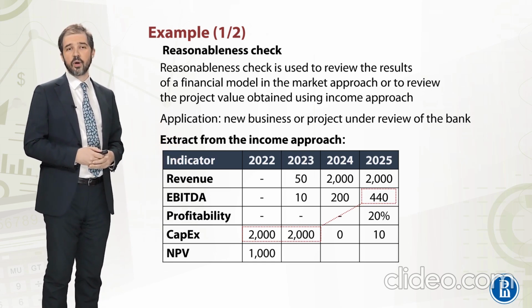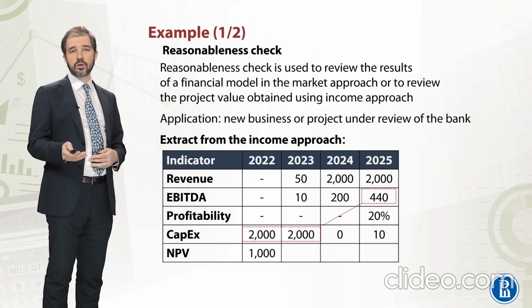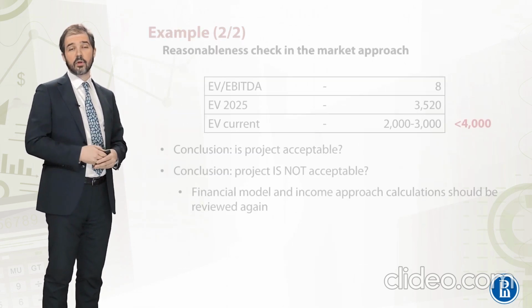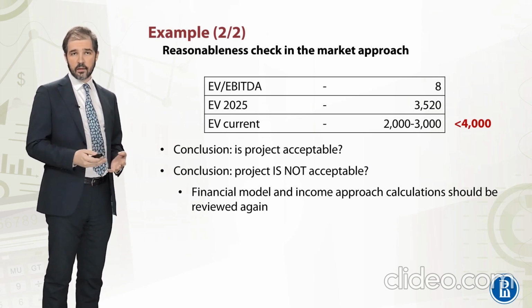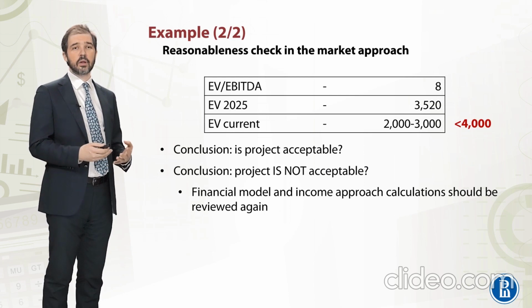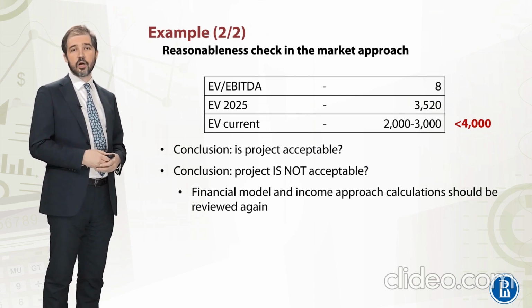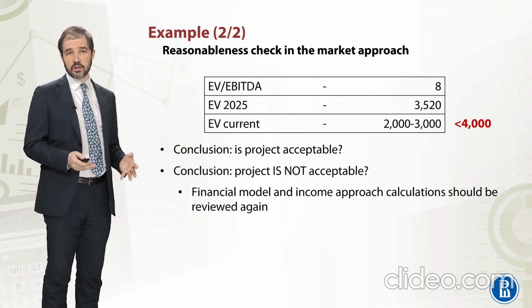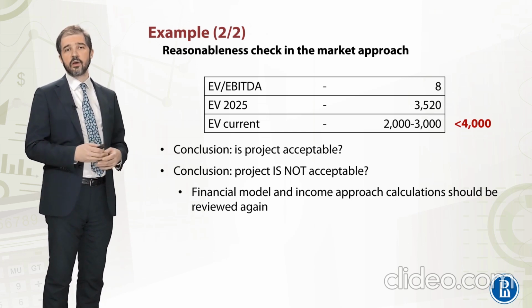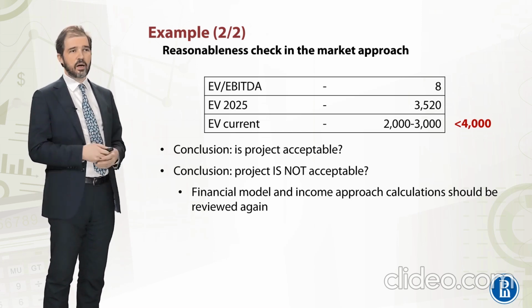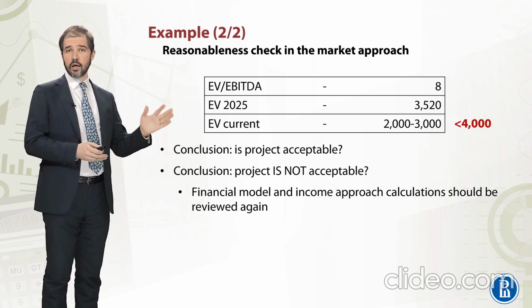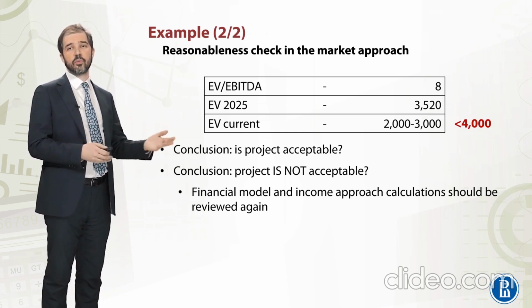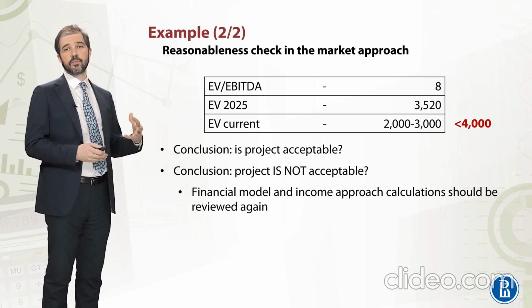Let's speak about the market approach, about the EV to EBITDA ratio. We ask the company, what is a reasonable EV to EBITDA ratio in this business? Let's imagine they say the normal multiple at which we may buy a business tomorrow is 6 or 7. We say, okay, let us be even more optimistic. Let's put a multiple of 8.